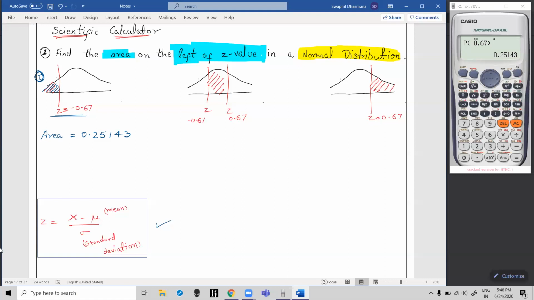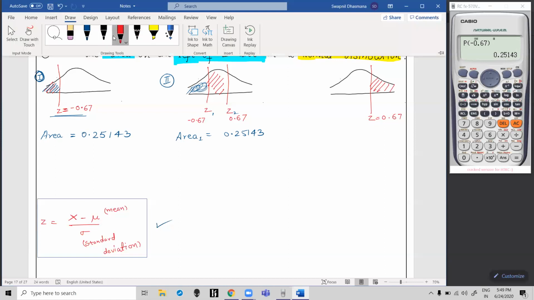Now the question arises, how do we solve a question where you have to find the middle 50% or something like that? Same process. First you find area 1, which we already have, 0.25143. This area means I'm looking at the left part.